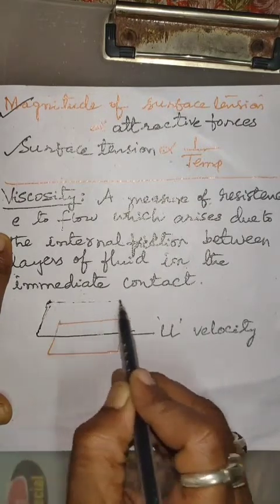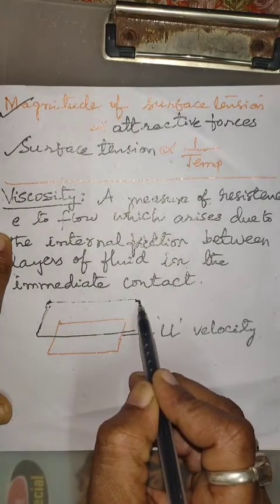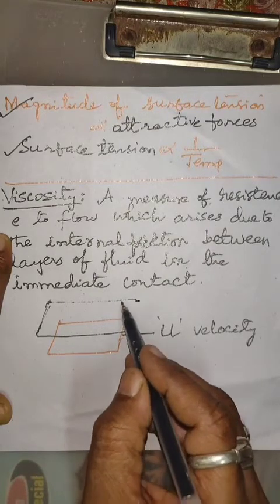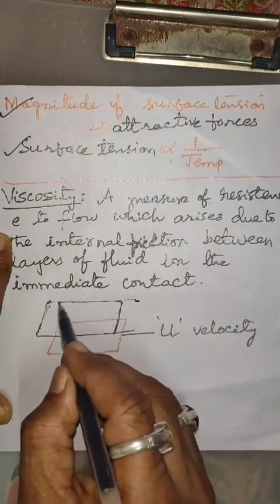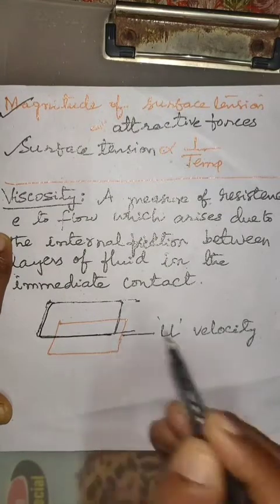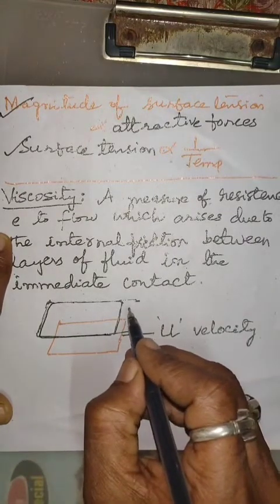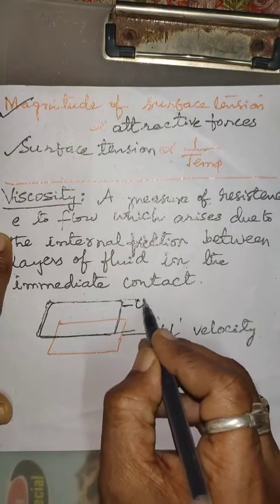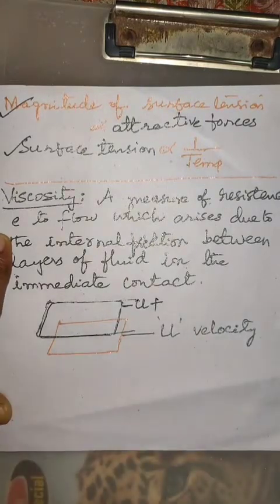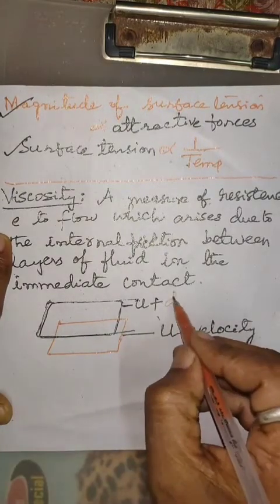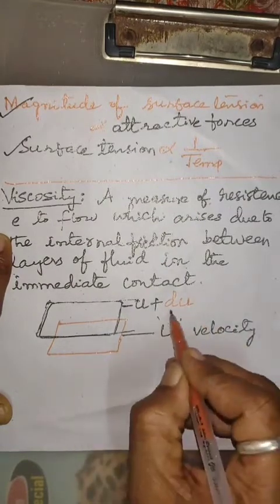It is moving very fast. Yes, this is another layer moving on this one, and it is with moving velocity u plus some extra velocity, small increase in the velocity, that is du.